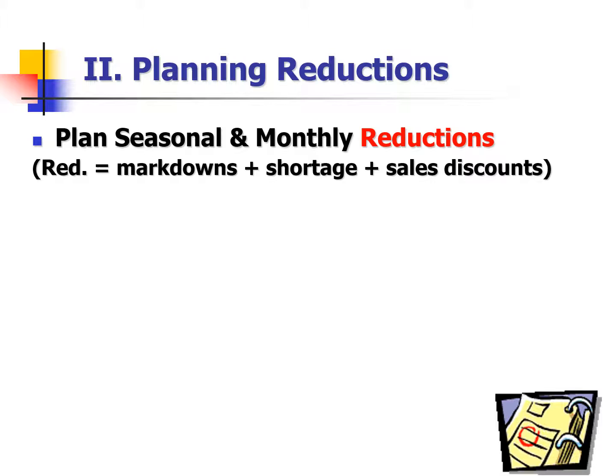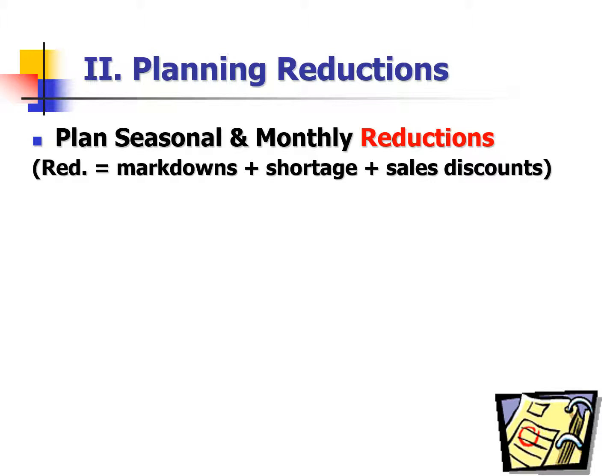Okay, so now if you're done with completing the planning sales, part 1 of the module problem assignment 20, then let's move on to the next step of the 6-month plan, which is planning reductions. Again, just like the sales plan, reductions will have to be planned for the entire seasonal total as well as the monthly reductions.